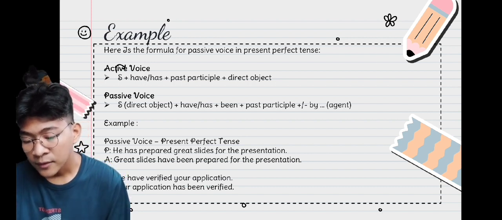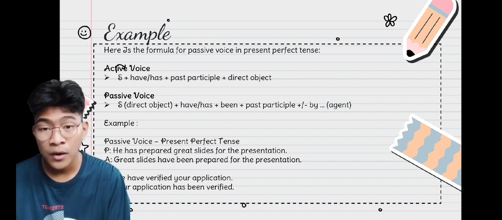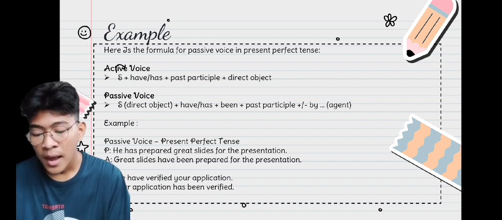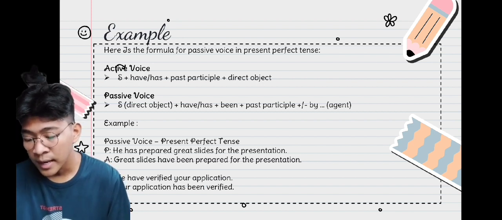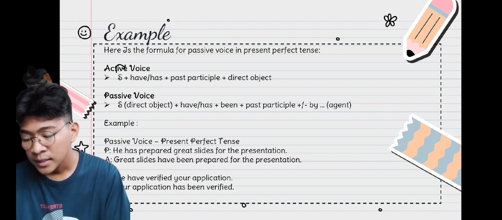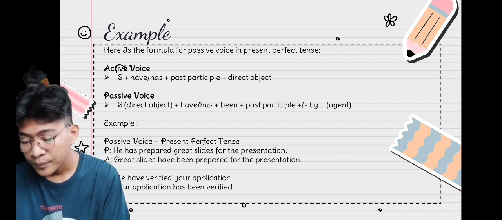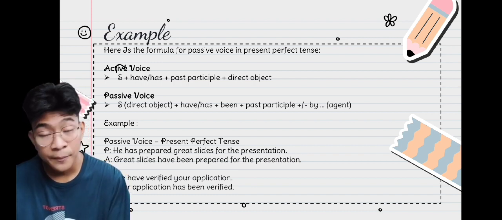Active voice is subject plus have or has plus past participle plus a direct object. Let's see example number one. Number one is active voice, and the slides have been abbreviated for the presentation.